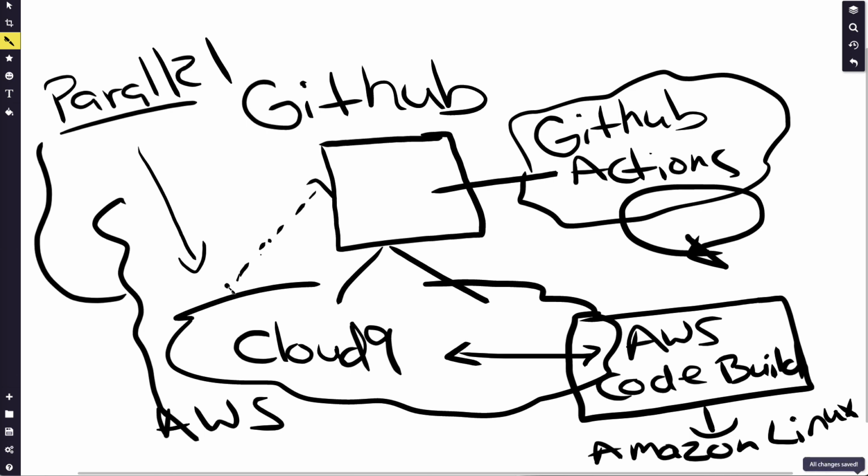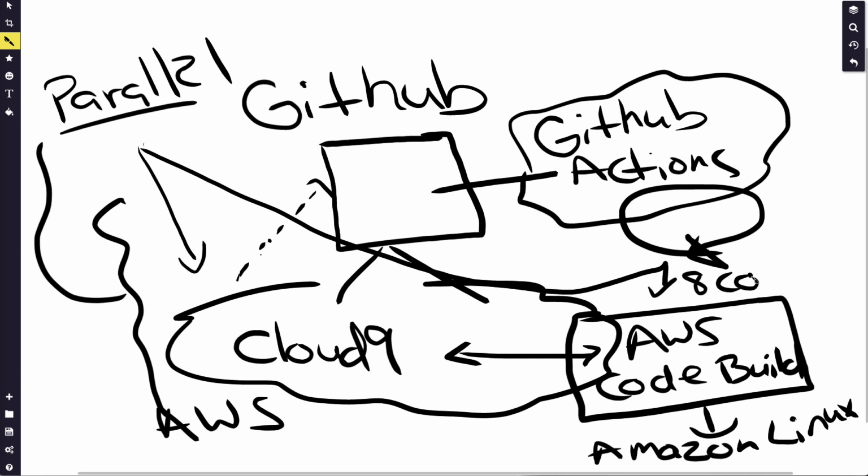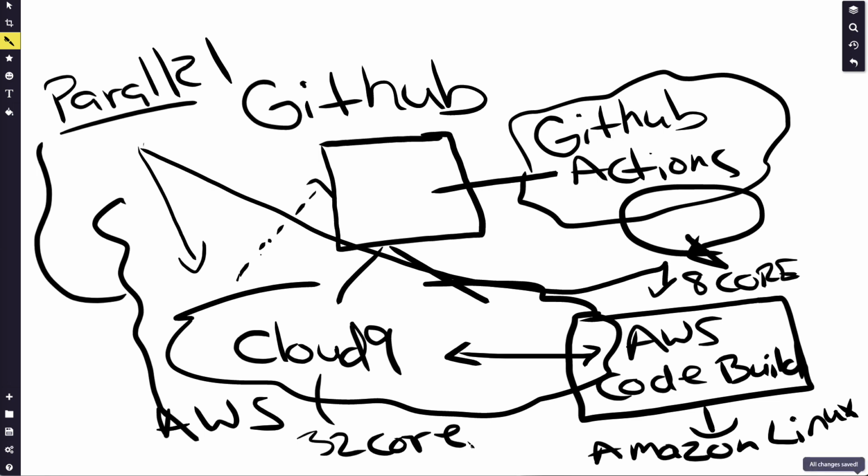We were able to test it out, and also we were able to test out that same parallelization here. This was an 8-core machine that we were able to test it out with, and this one was a 32-core machine. So we were able to test out lots of different scenarios by actually using more than one environment.